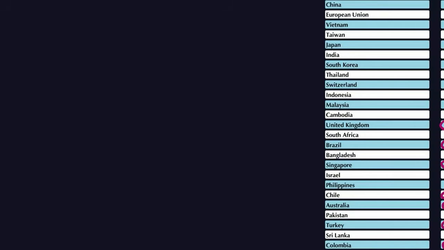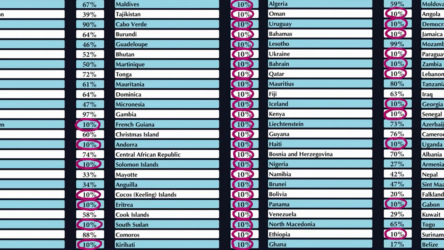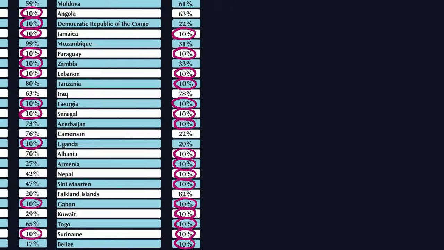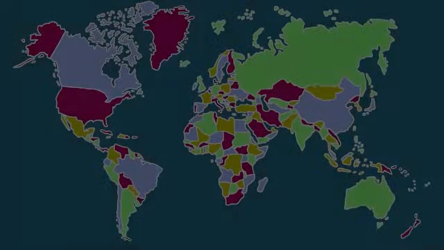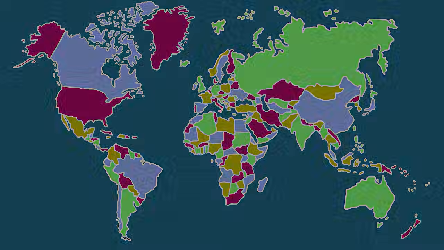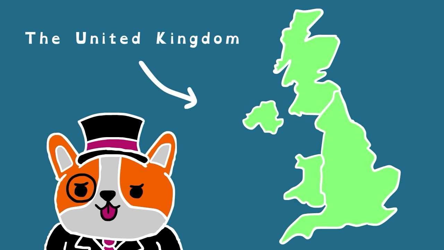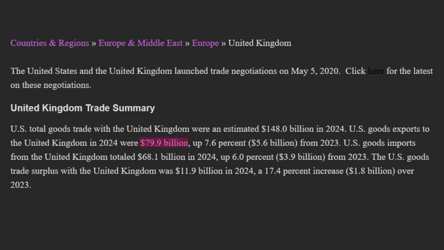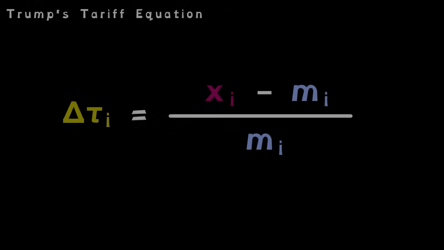You may notice that there is a suspiciously large number of countries that have 10% applied to them. As it turns out, we actually have a surplus with these countries, but we're just applying a flat 10% anyway. For example, let's consider the United Kingdom. We sold the UK $79.9 billion worth of goods, and they sold $68.1 billion to us, again coming directly from the official government website.